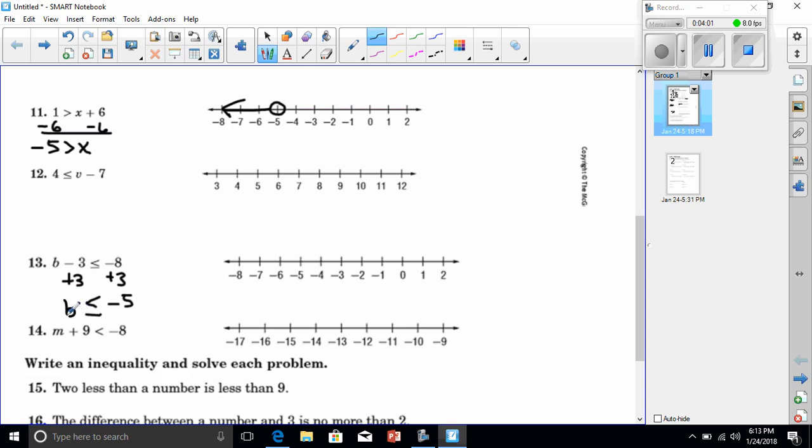So we have b is less than or equal to negative 5. That means I'll go to negative 5. And since it's less than or equal to, I have to shade in my dot. And if I shade it in, then I realize that b is less than negative 5, so my arrow is going to be pointed in this direction here.